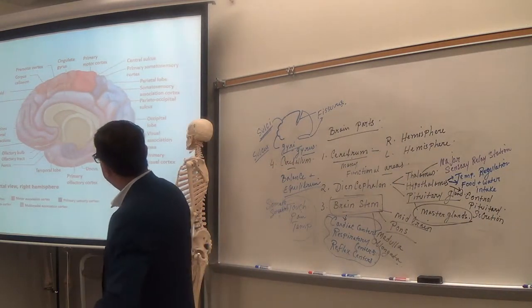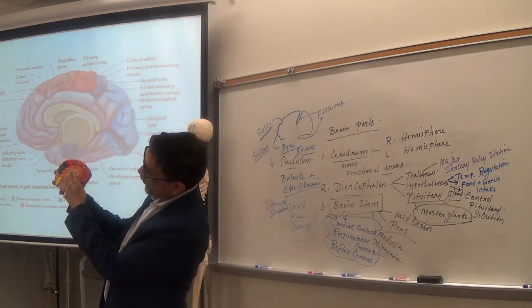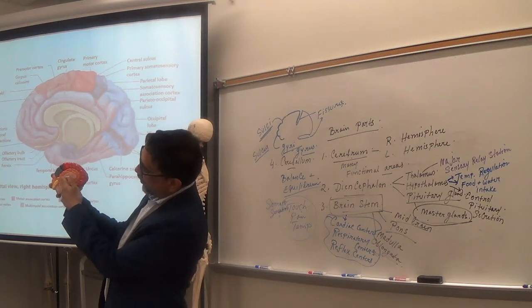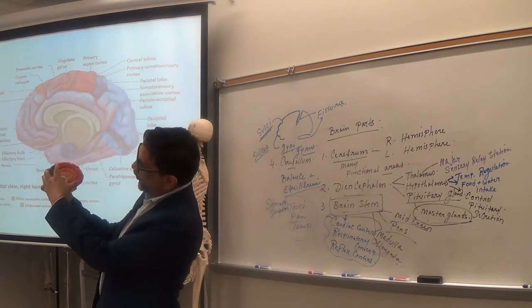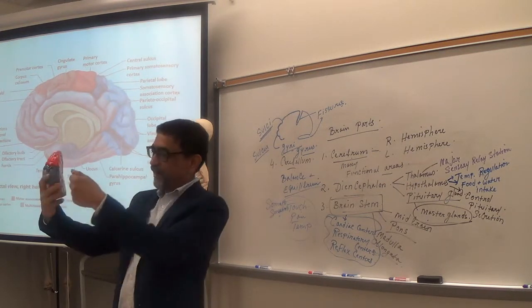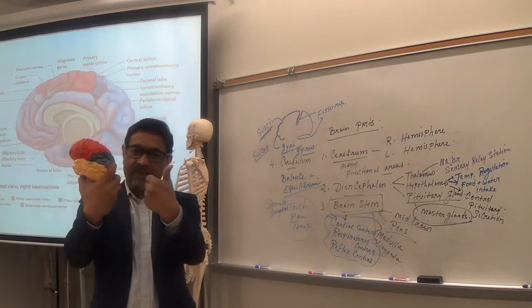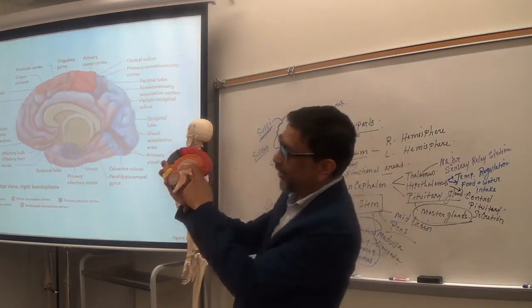Corpus callosum, just to know that this is the structure that holds two hemispheres together. The two hemispheres are attached to each other by the corpus callosum.